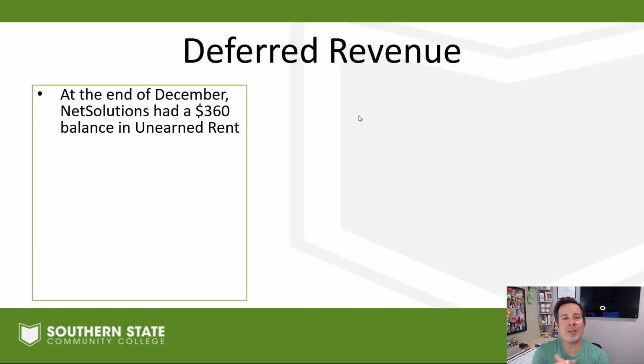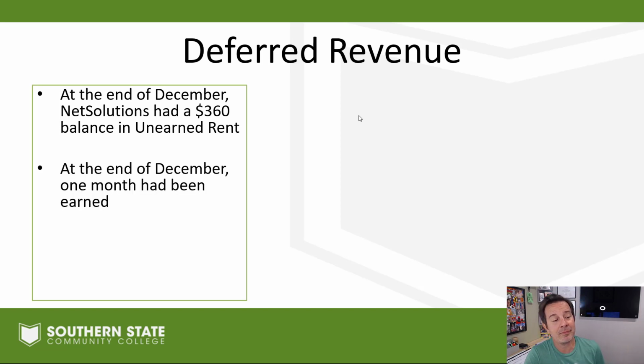So, give you an example. At the end of December, Net Solutions, our sample company, had a $360 balance in unearned rent. Again, unearned rent, unearned revenue, whatever we call it, is a liability. They've taken money. Now they're liable to that customer or that tenant or that client. At the end of December, they have earned 1 month of that rent.